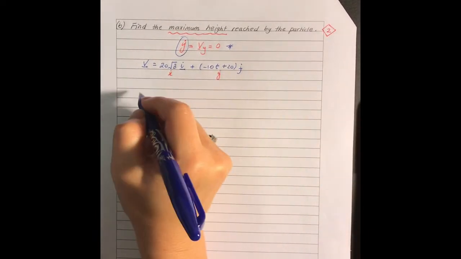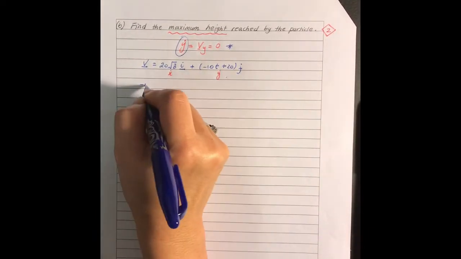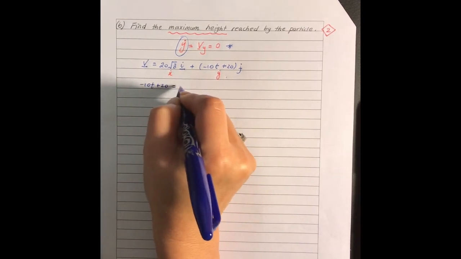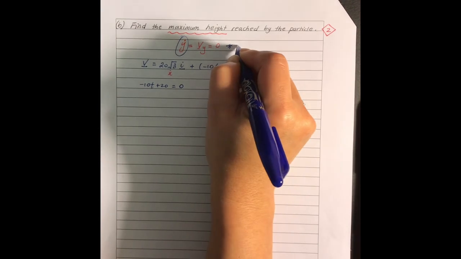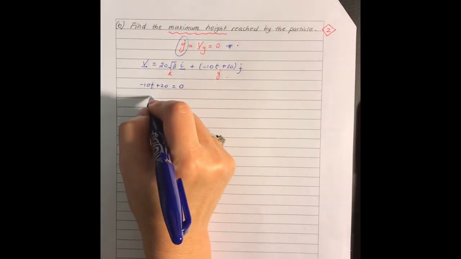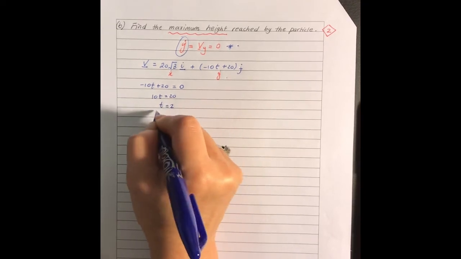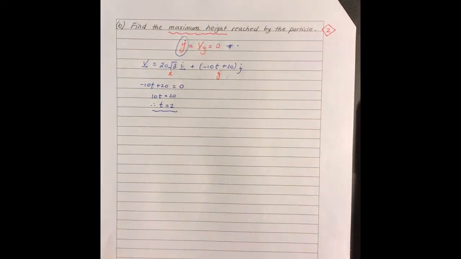So I'm just going to use this one: minus 10t plus 20 equals 0, because it says it's 0. So 10t equals 20, t equals 2. Okay, 2 seconds. So when t is 2, the particle reaches its highest point.